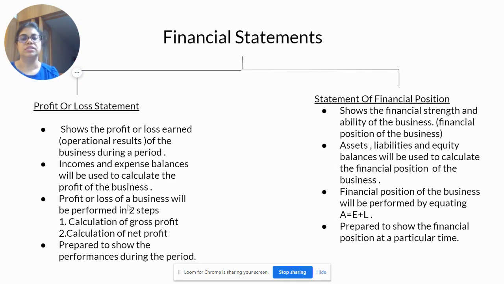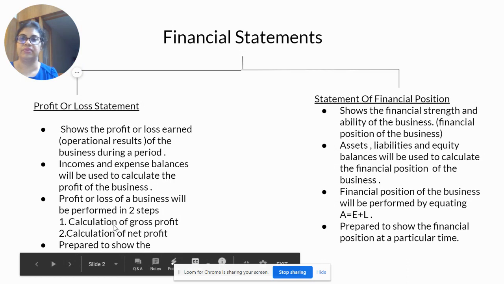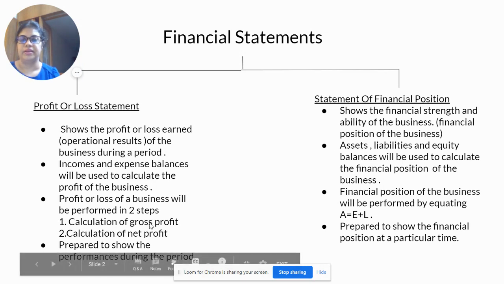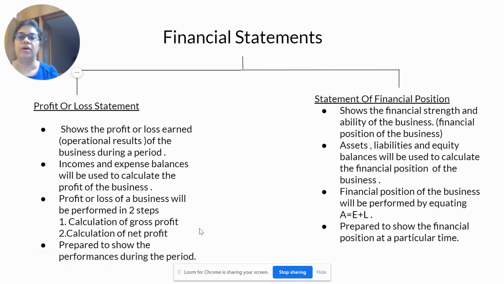The profit or loss of a business will be calculated in two steps: the first one is the calculation of gross profit, and the second one will be the calculation of net profit. And the profit or loss statement will show you the performances of the business during the accounting period or the financial period.